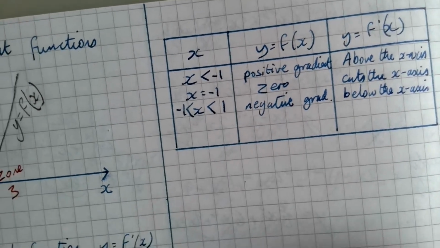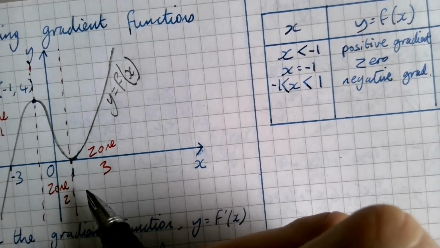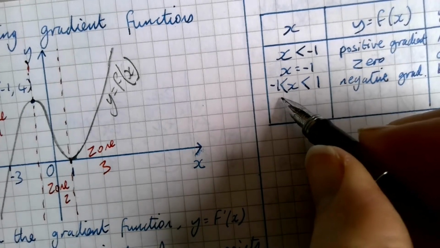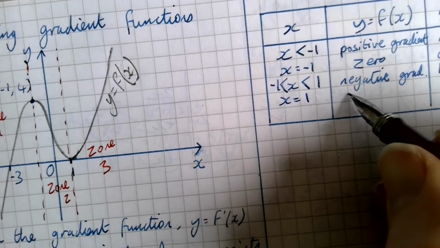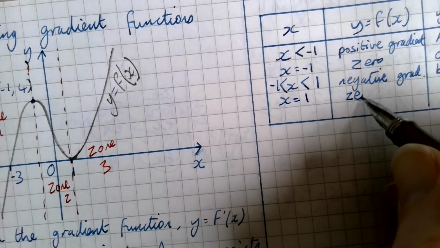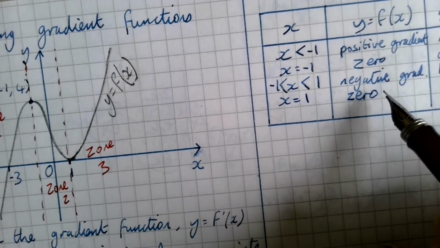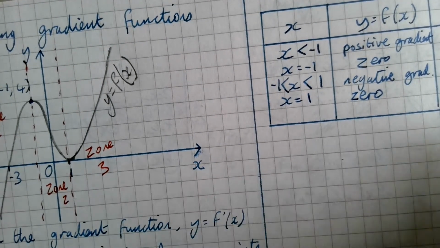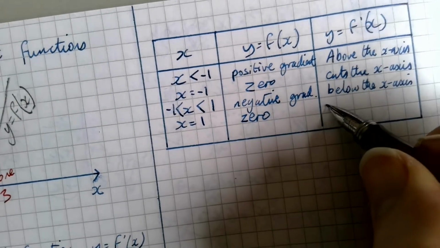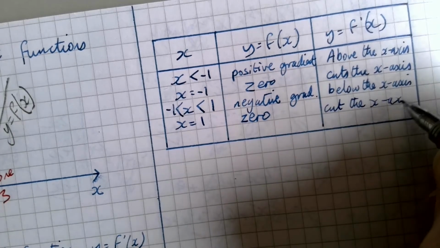It's telling us it's negative, so it must be below the x-axis. After that, we move to our second stationary point, which is x equals 1. And if it's a stationary point, then that means that the gradient is 0. And that means that we are cutting the x-axis again.